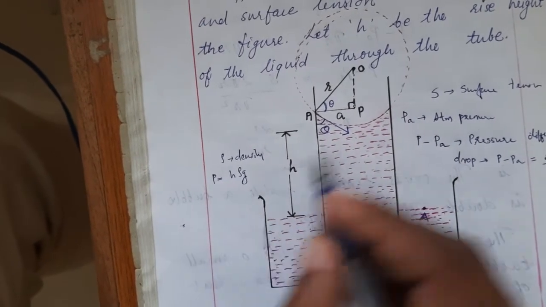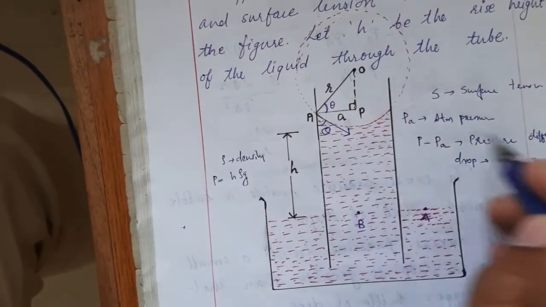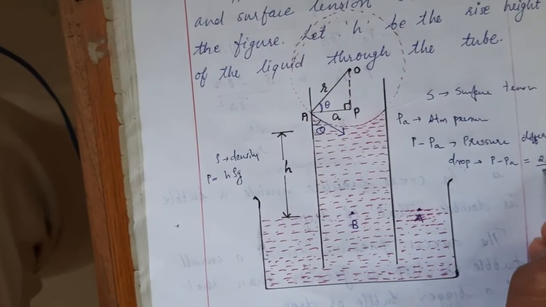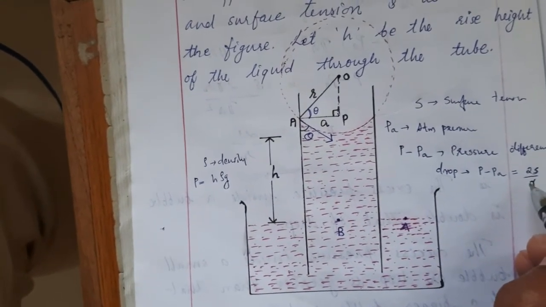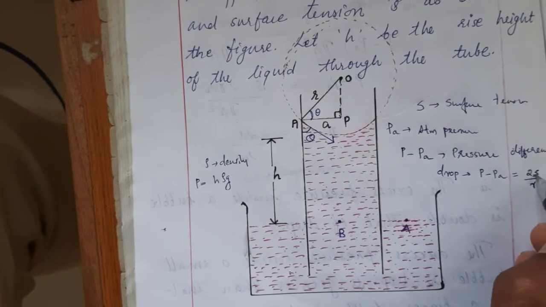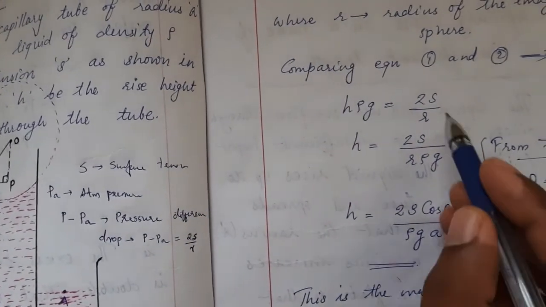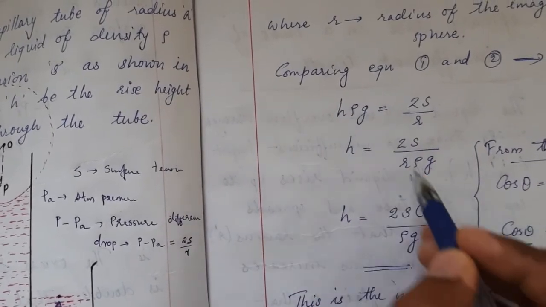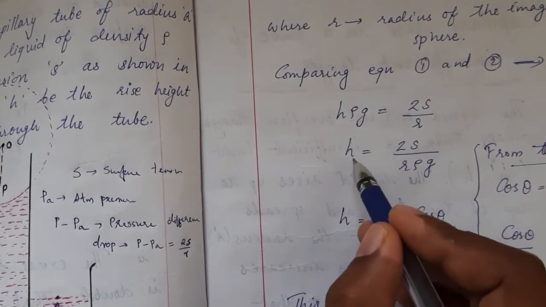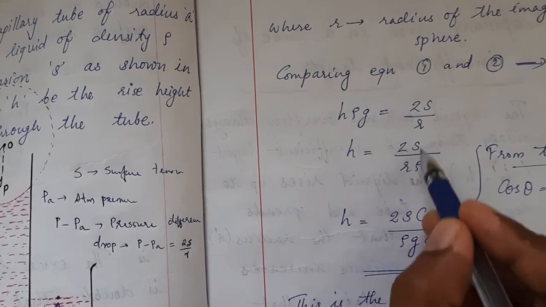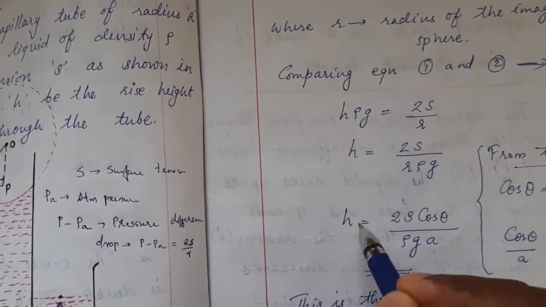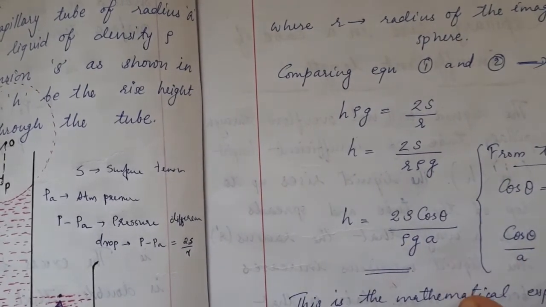This h rho g is equal to 2S by R, the pressure due to the surface tension. If we equate these two pressures, we get h equal to 2S by R rho g, where R is the radius of this sphere.